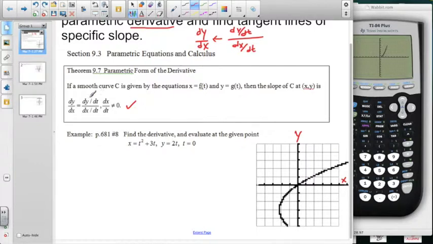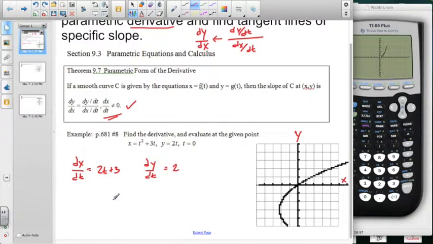In order to calculate the Cartesian derivative, we can take a ratio of the parametric derivatives. And of course, we want a derivative that's defined, so we have this criteria that the denominator can't be 0, because that wouldn't be a defined value. So the derivative with respect to time of the x parametric equation would look like 2t plus 3, and the y derivative with respect to time would look like 2.